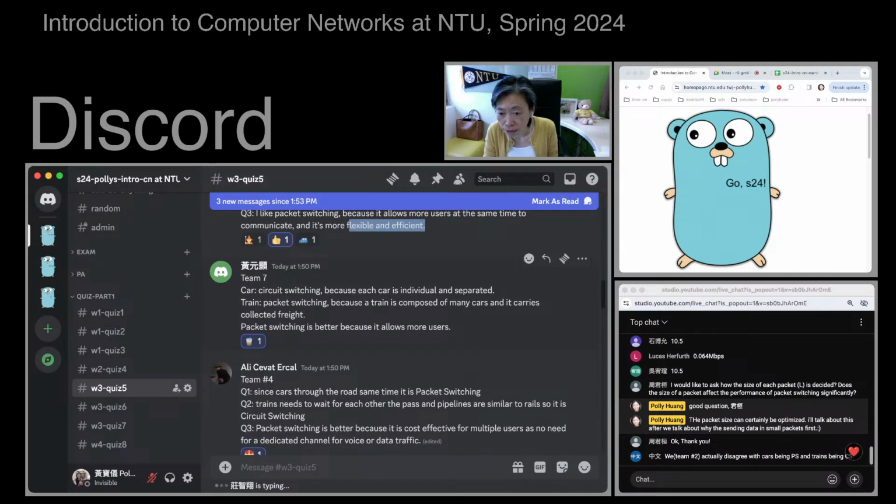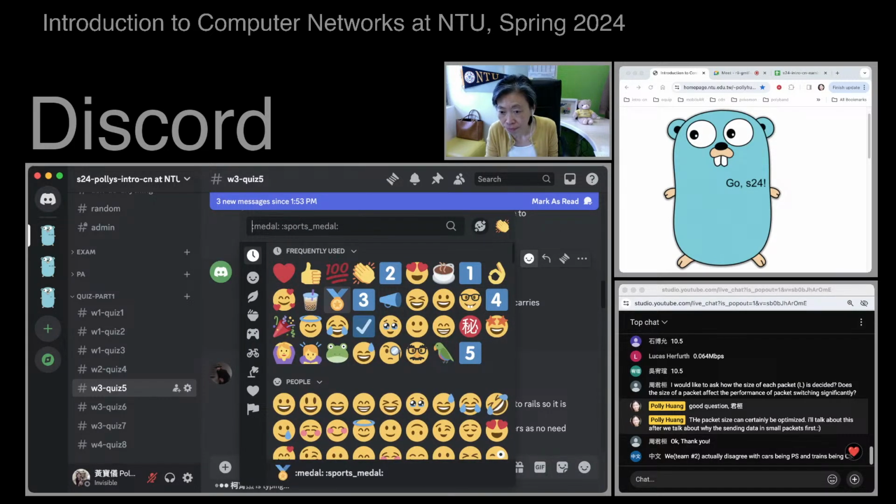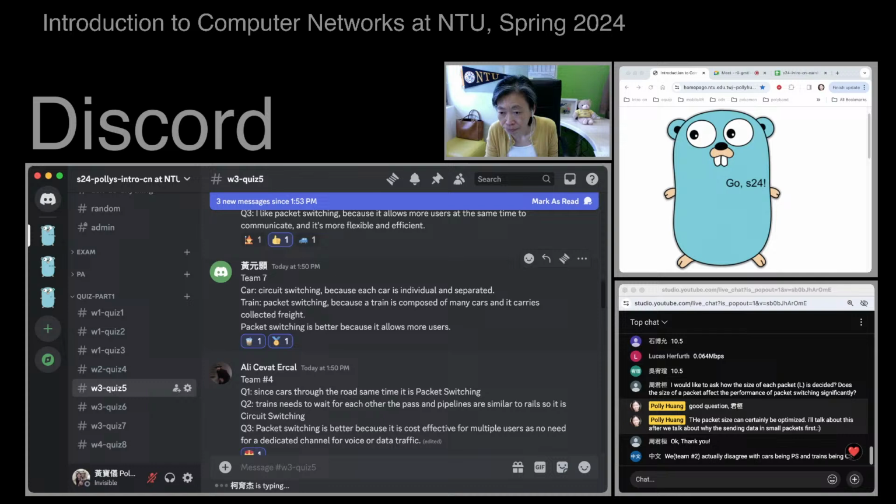Team 7 says car circuit switching because each car is individual and separated. Oh, interesting. I think you're thinking that the car carries people and the data will be the people. And so people in a car are an exclusive resource to be transported. Very different perspective. Very unique. Train, packet switching, carries collected freights.